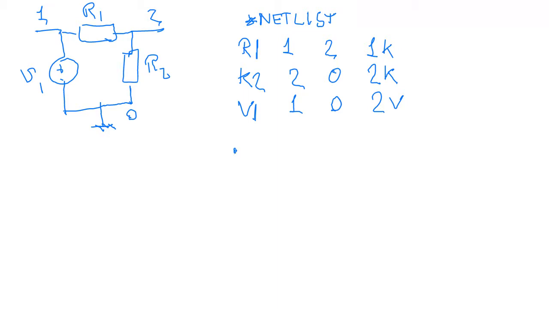And then we give it, for instance, the analysis: DC of V1 between 0 and 5 volts with 0.1 volts step. Okay, do you remember that?